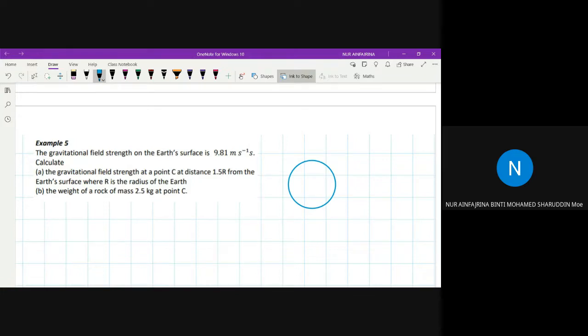Okay, 3:50, let's discuss. The question says the gravitational field strength on the Earth's surface is 9.81 meter per second squared. Of course, kalau dekat surface of Earth, dia punya gravitational will be 9.81 meter per second squared. But the question asks us to calculate the gravitational field strength at a point C at distance 1.5 r, where r is the radius of Earth.